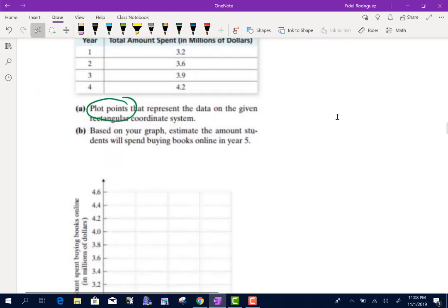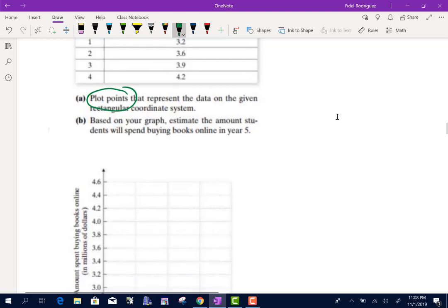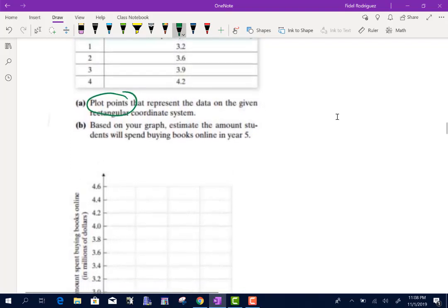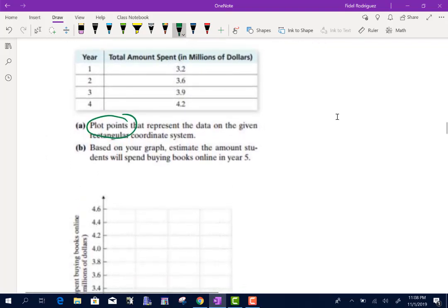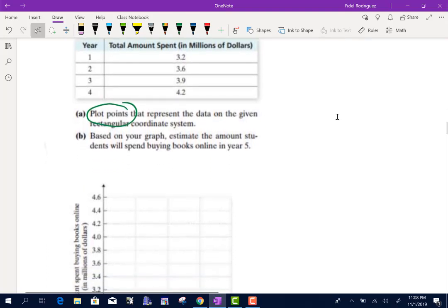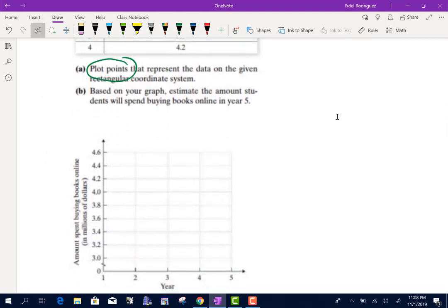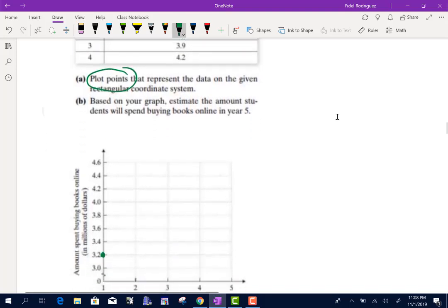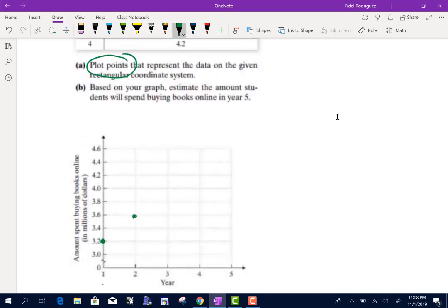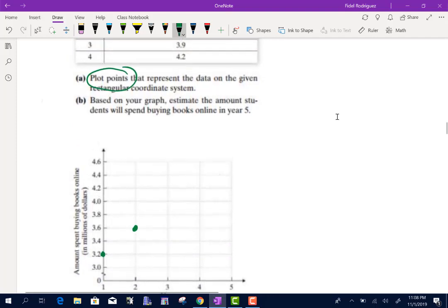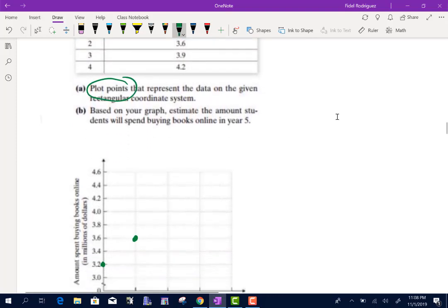Okay, so I'm looking at these points here, and I'm going to kind of scroll down. I'm going to have to move back and forth just because of the way my screen is set up. So in year 1, we're at 3.2. Okay, so here's 1, here's 3.2. Okay. In year 2, we're at 3.6. Okay. At least these points were coming out nice and pretty. In year 3, we're at 3.9.